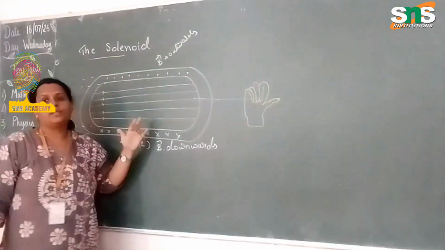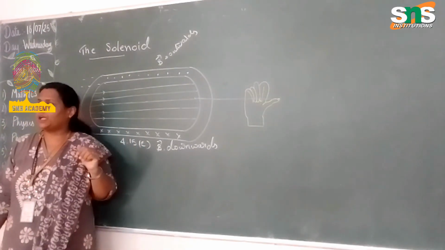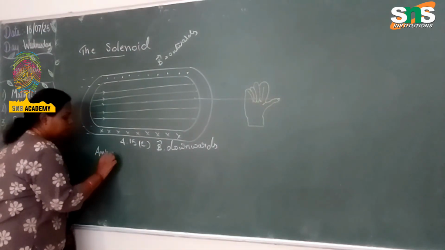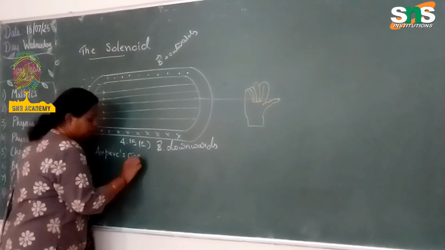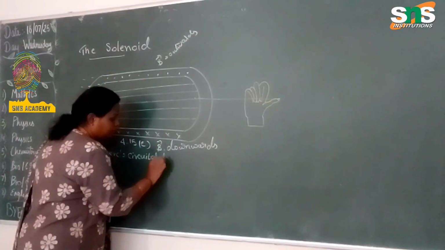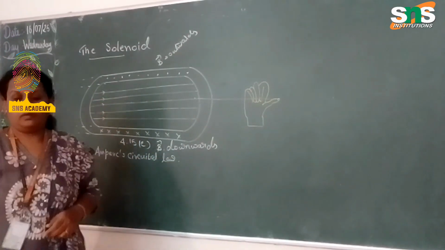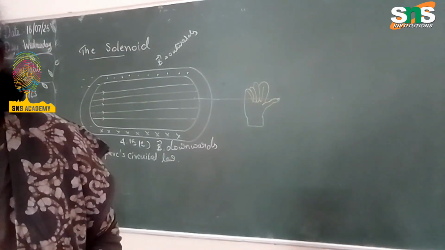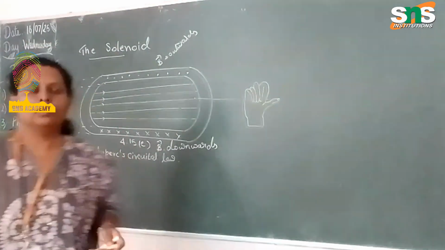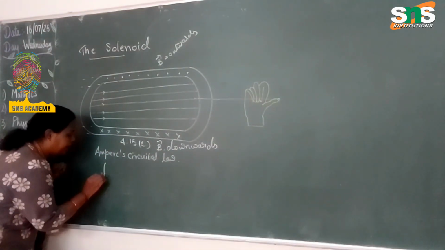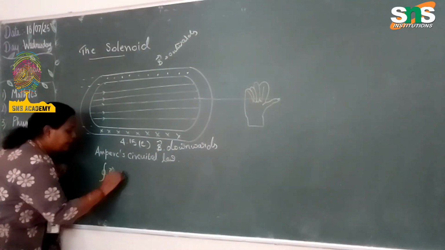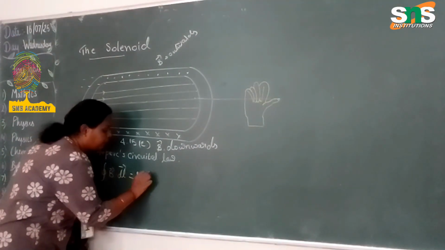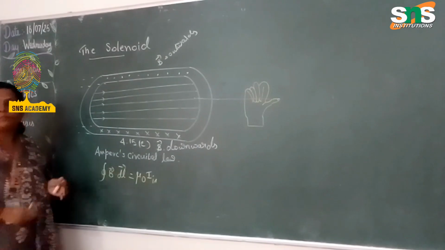So the next one, can anyone say Ampere's circuital law, what we have discussed yesterday? The equation form alone you can say. Closed line integral B dl equal to mu naught times I inside, am I right?